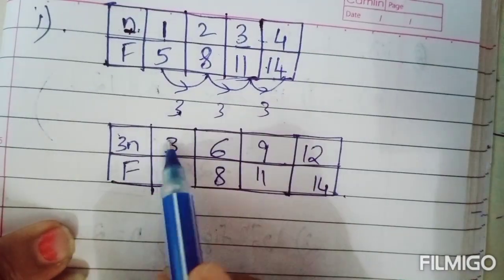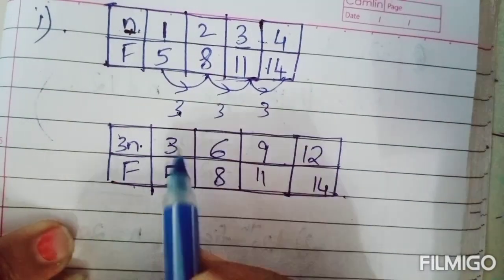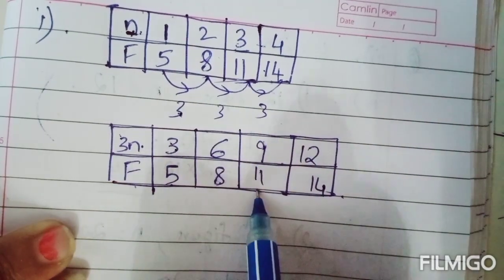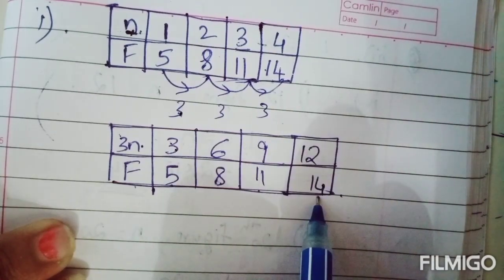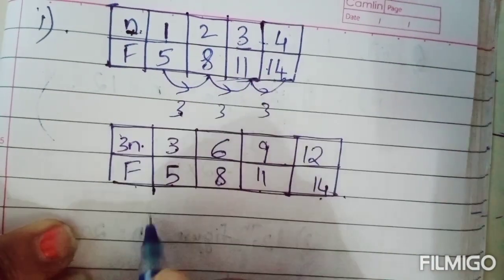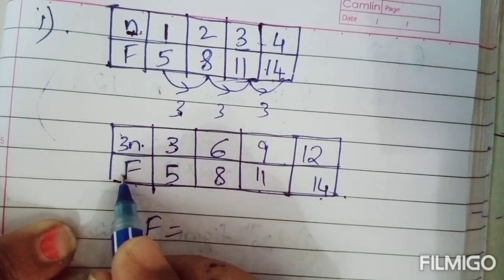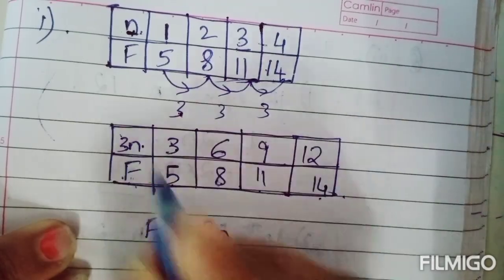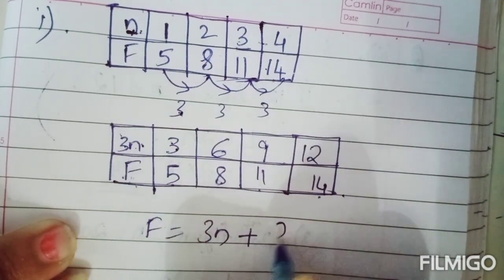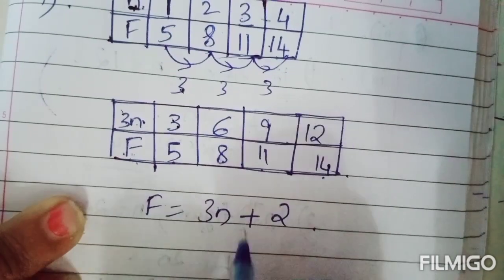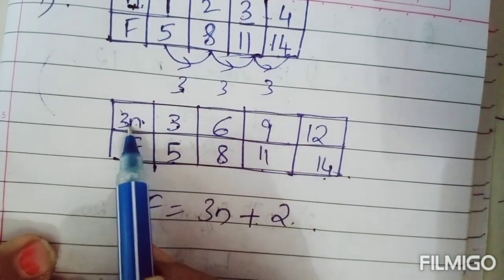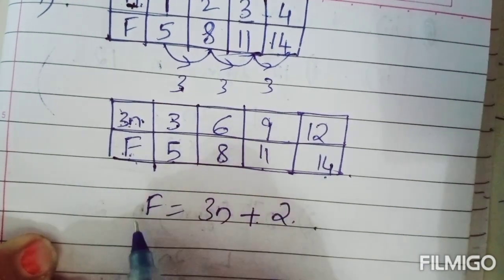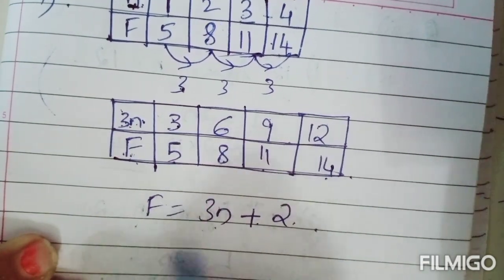Now compare 3n and f: 3 plus 2 is 5, 6 plus 2 is 8, 9 plus 2 is 11, 12 plus 2 is 14. So how can we write f in terms of n? f equals 3n plus 2, because adding 2 to the first row gives f. So f equals 3n plus 2. This is f in terms of n.